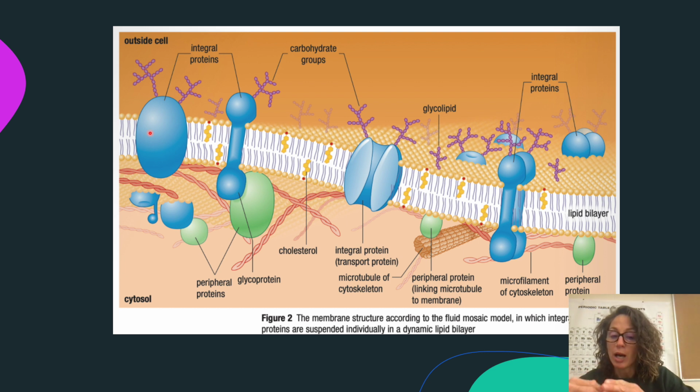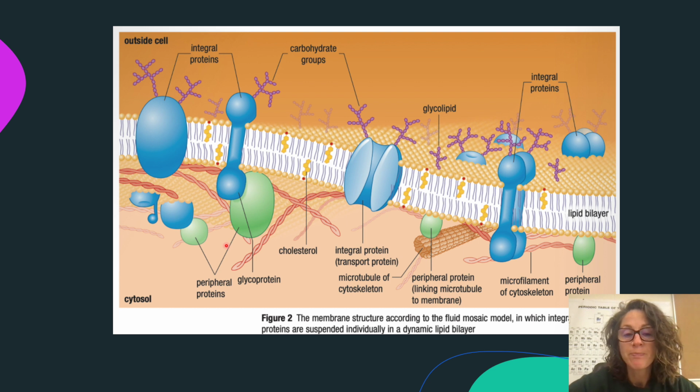So it actually helps with the folding of the protein and the structure and the function of that protein. So this protein would naturally want to be in this place because we have amino acids that want to get away from the aqueous environments. Okay, and then we have peripheral proteins.